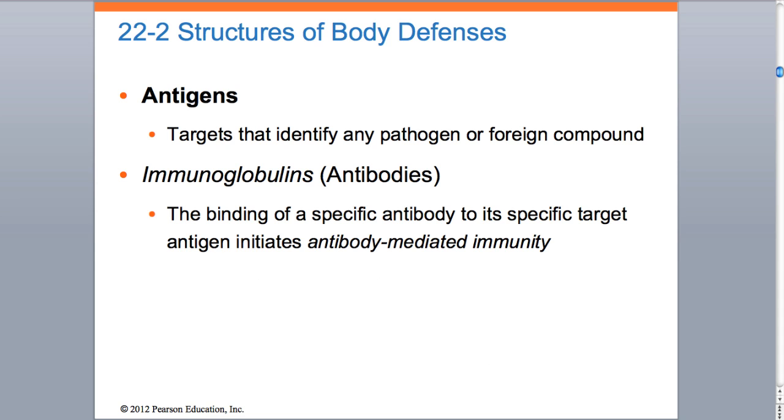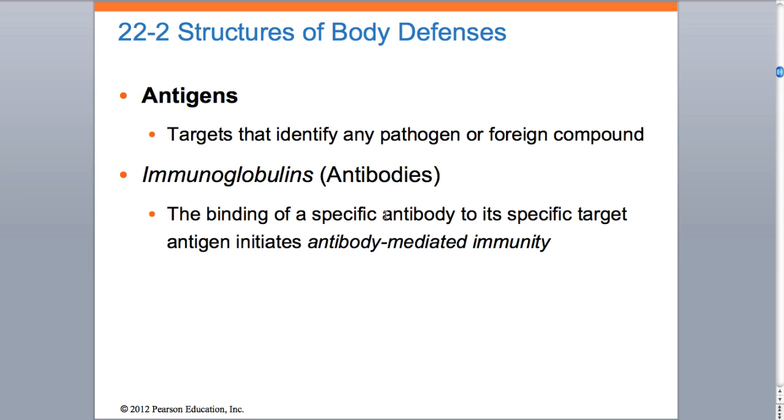Okay, next slide. Now let's go to antigen. The definition provided here is okay, but mine's a little bit better. What is an antigen? Anything that elicits an immune response. That is what an antigen is. Now we said a moment ago that antibodies go with B cells.